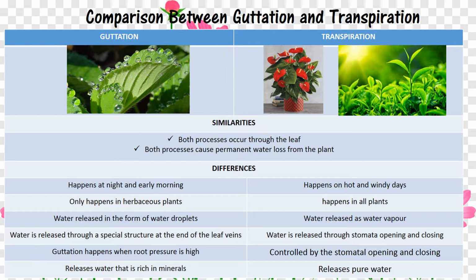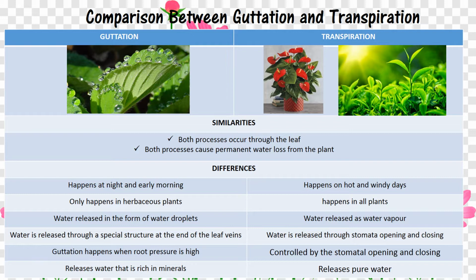The second one, guttation only happens in herbaceous plants, that means non-woody plants, while transpiration happens in all plants, herbaceous, non-woody and woody. So all plants must undergo transpiration.